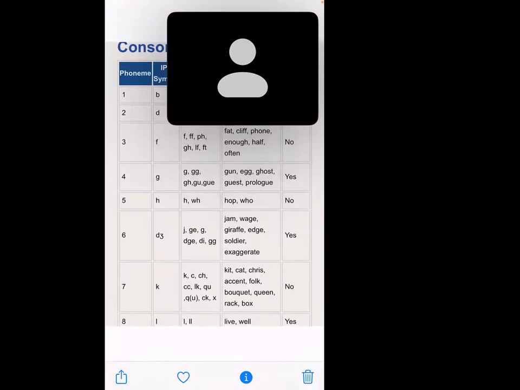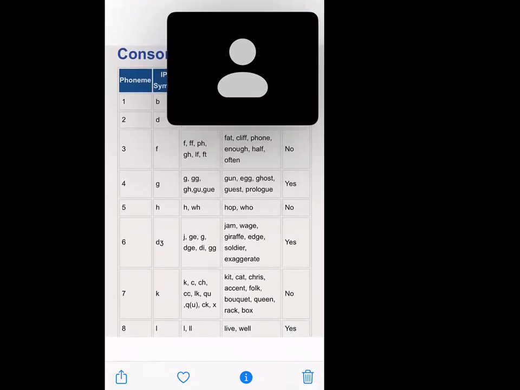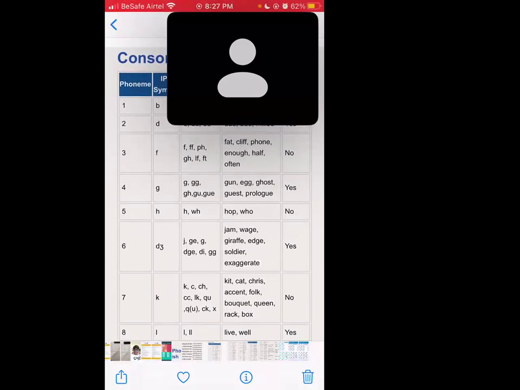Okay, let's go to number 6. Now, for the IPA sounds, please take note. You might be seeing some strange symbols that are not in the English 26 alphabet. These are in the IPA. Now, number 6, you have J. This is found in words with letter J, GE, G, sometimes DGE, sometimes DI, and sometimes GG.